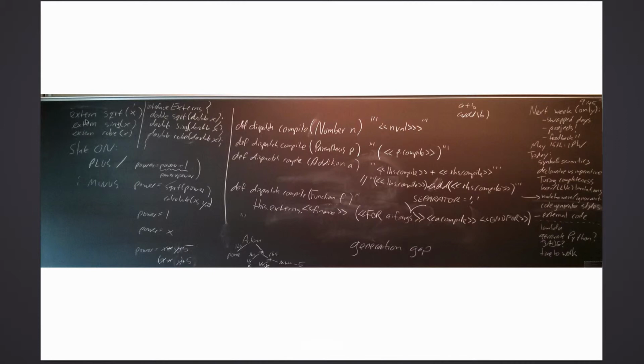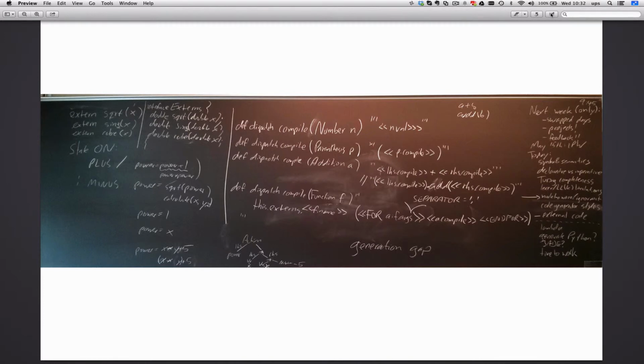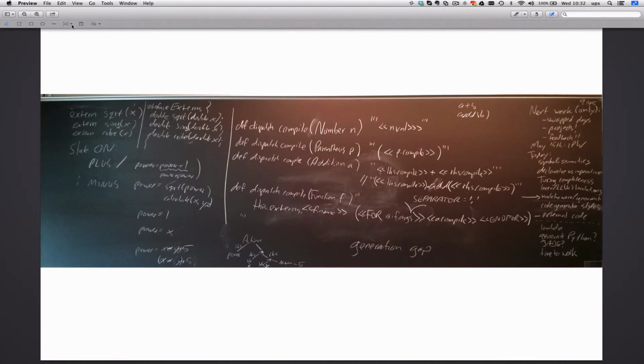So here we declare them, and then we collect all of the ones that are declared, and we generate based on these an interface. So we generate an interface that lists exactly those functions.